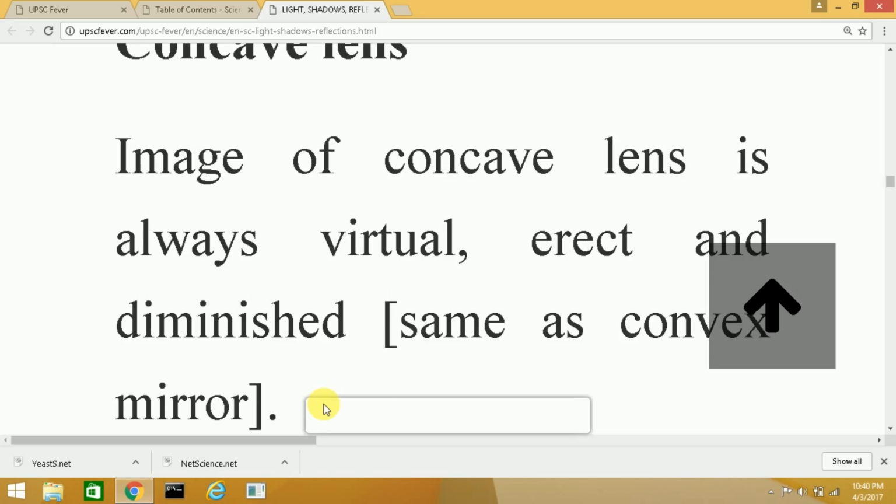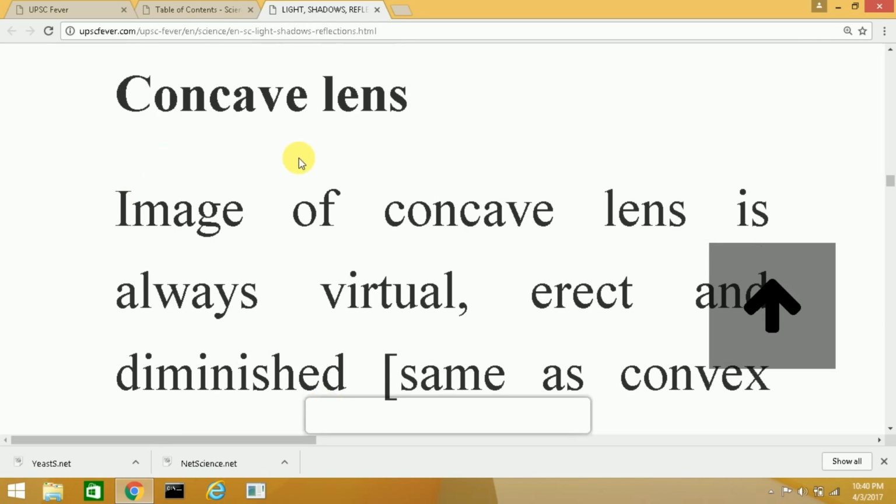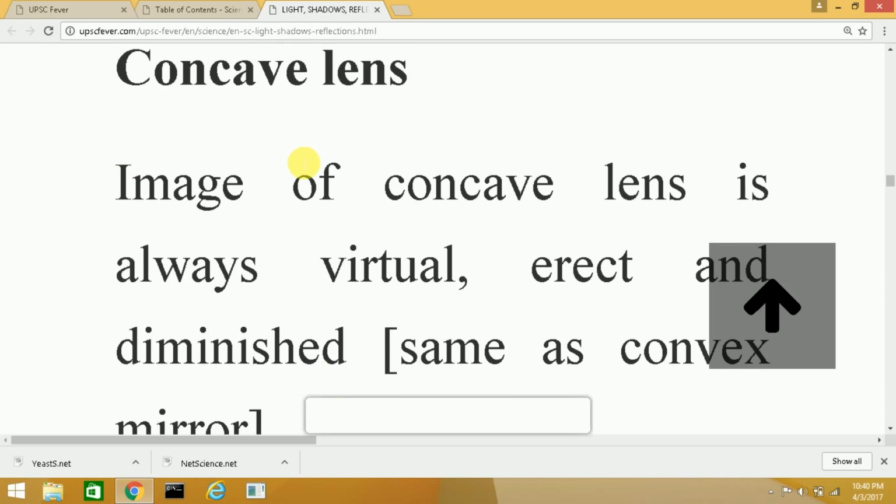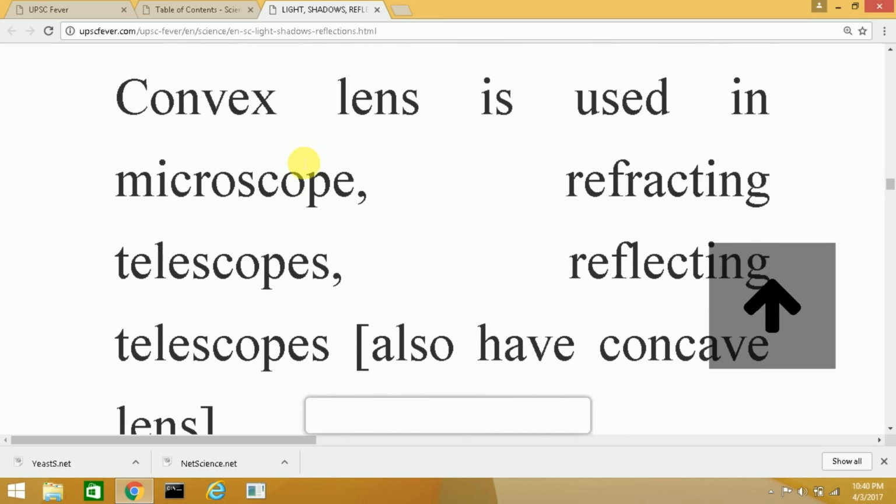So convex mirror and concave lens, and it is also the other way around. Convex lenses are also converging, whereas concave lenses are diverging. The power of convex lenses is positive and the power of concave lenses is negative.